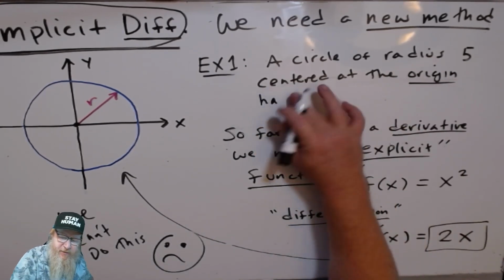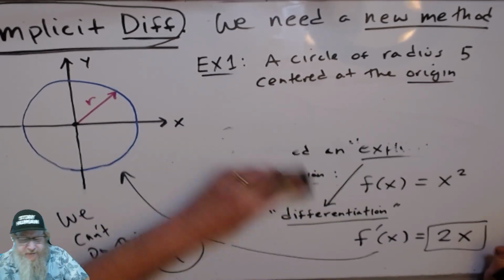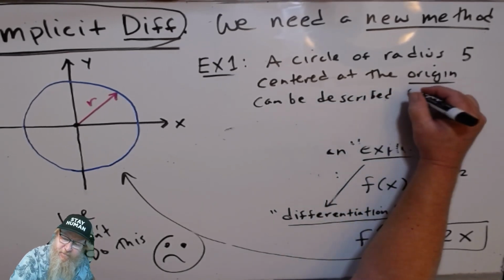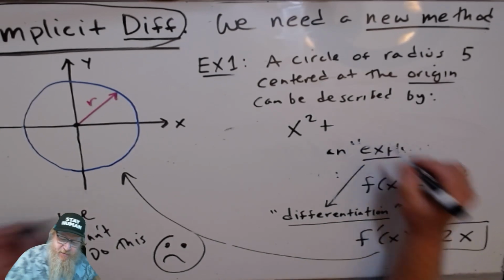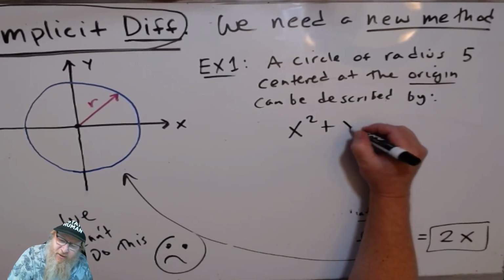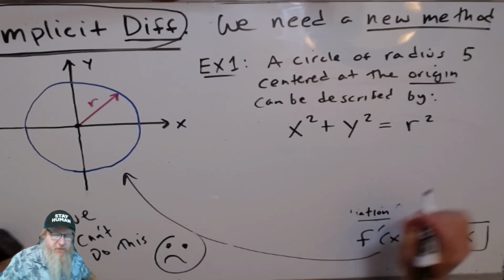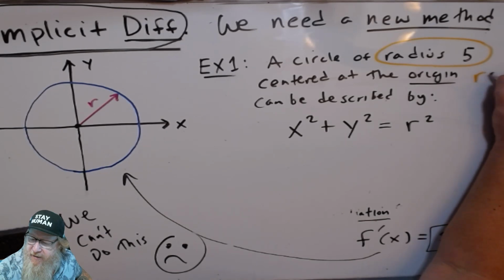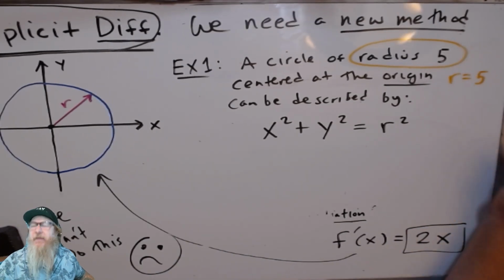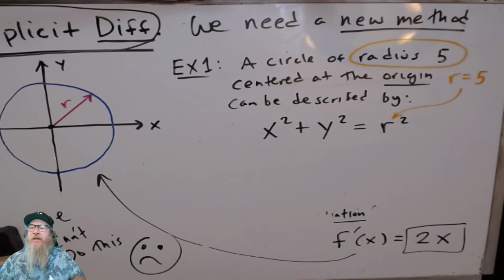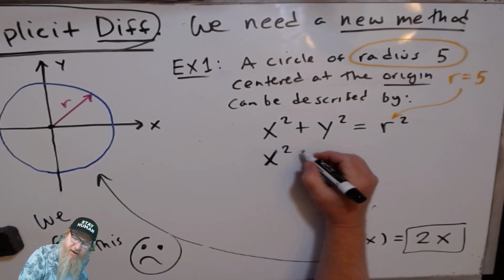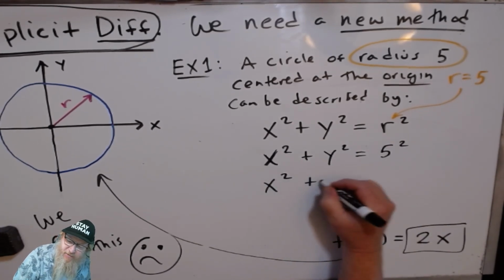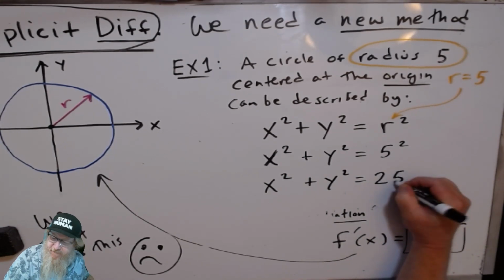It is described by the equation x squared plus y squared equals r squared. So the radius is 5, r equals 5. So we have x squared plus y squared equals 5 squared. Or you could say 5 squared is 25.